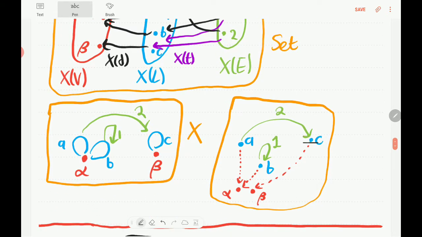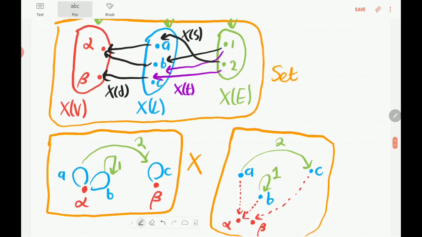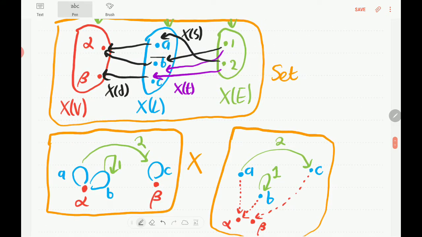That's why it's called a vertex labeled graph: the green set and blue set form a graph, and this red function, X of D, associates every vertex in that graph with some member of capital X of V, either alpha or beta in this case. So it's a graph where the vertices are labeled with things from this set capital X of V.